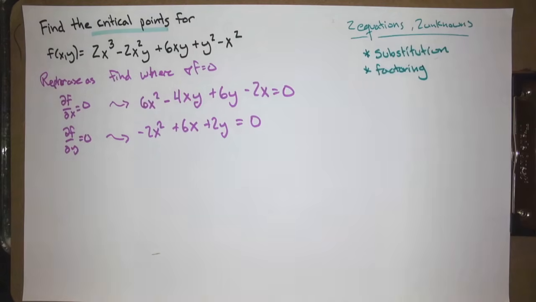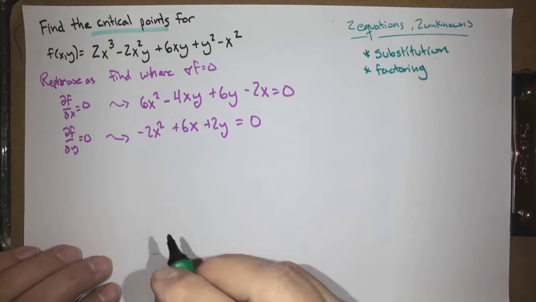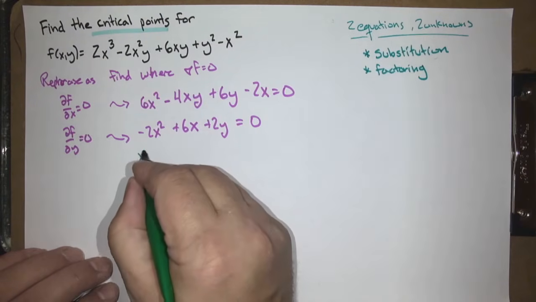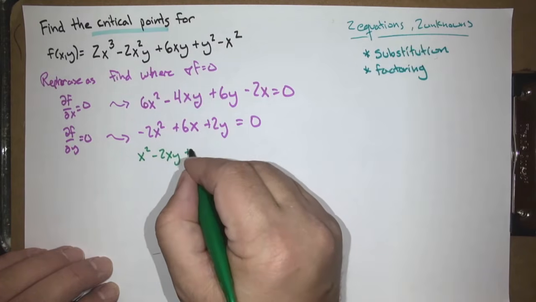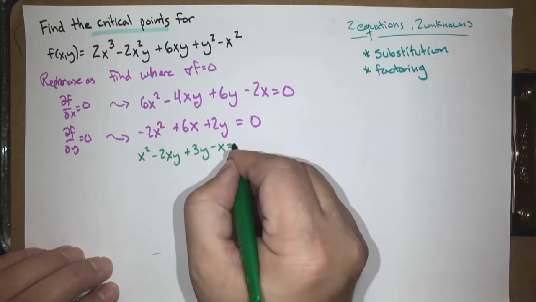Does anything obviously factor here? Or maybe slightly less than obviously factor? Okay. We can divide everything by 2. Nice. We'll rewrite that. 3x squared minus 2xy plus 3y minus x equals 0.